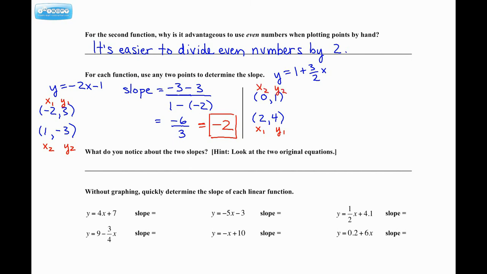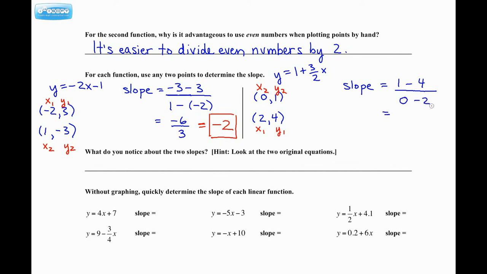All right. Slope. Again, you can count squares, rise over run, or you can use the formula, which I'll use. So y2 minus y1, that is 1, take away 4, over 0 minus 2.